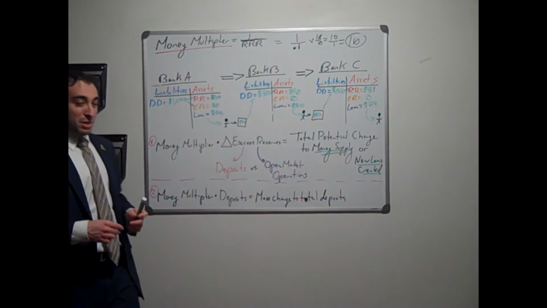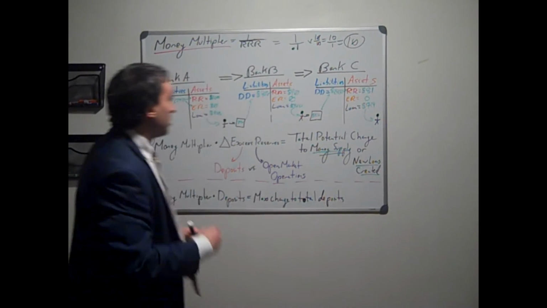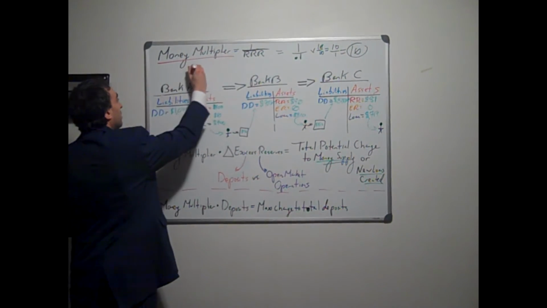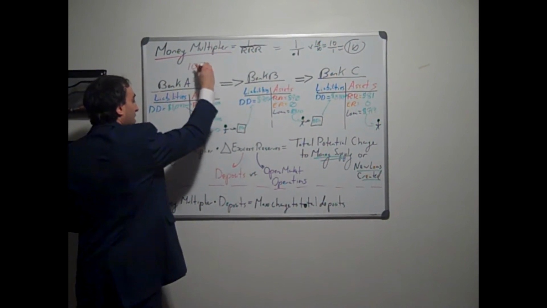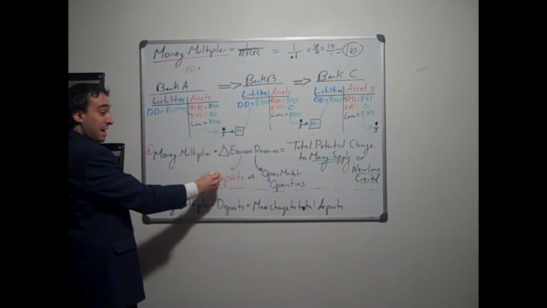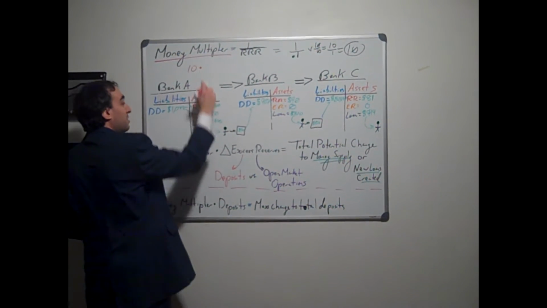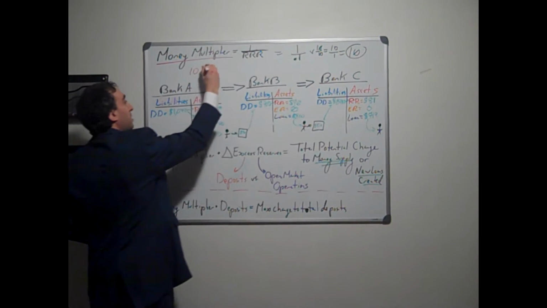So in this case, if we go back to number 10, times, in this case we have to account for the deposit, $900, if we went back to the original example.